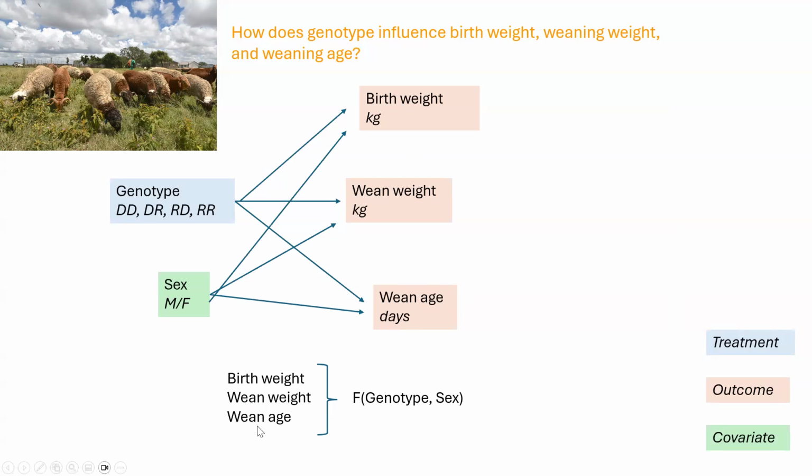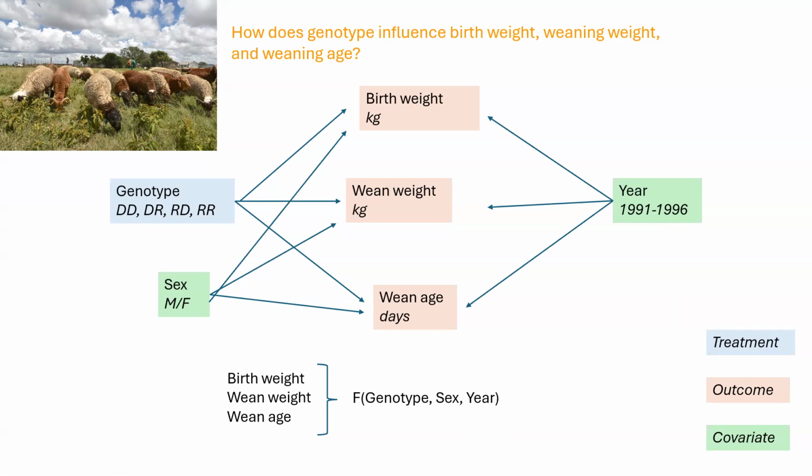So if we add that as a covariate in our model, now we can express these as a function of genotype and sex. There's also the year the lambs were born. The environmental conditions may have differed in each of these years, and that may have affected these three outcomes independent of genotype or sex. So now we've added that to our model.